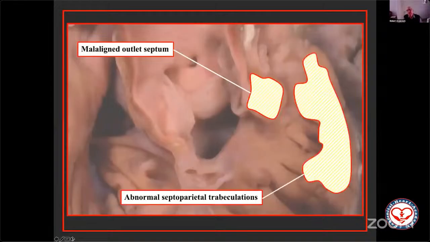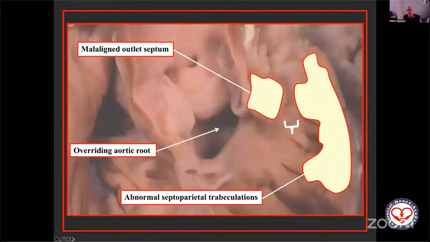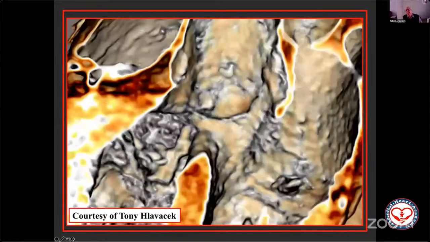You see it is closely aligned with the parietal wall of the right ventricle, and those septoparietal trabeculations reinforcing the wall of the right ventricle are themselves hypertrophied. This is producing that squeeze at the mouth of the infundibulum. But there is also, of course, overriding of the aortic root. It's that override on which we want to concentrate today. And nowadays you can see it in your computed tomographic images.